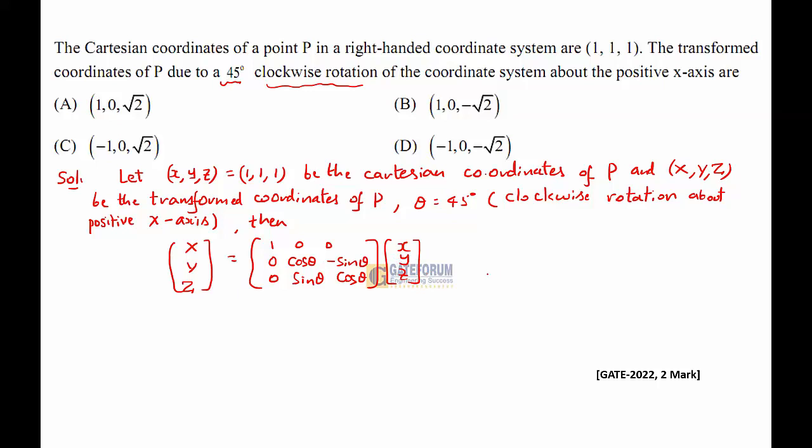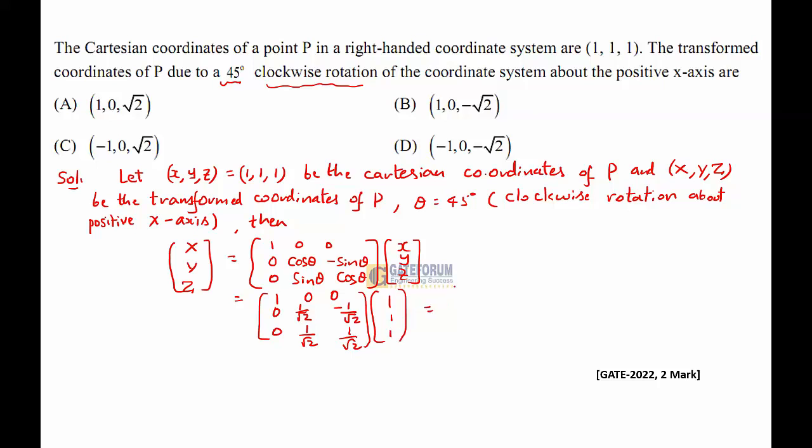Okay. So this is equal to, with theta equal to 45 degrees, cos 45 is 1 by root 2 and sin 45 is 1 by root 2: 1, 0, 0; 0, 1 by root 2, minus 1 by root 2; 0, 1 by root 2, 1 by root 2, times the given x, y, z values 1, 1, 1.